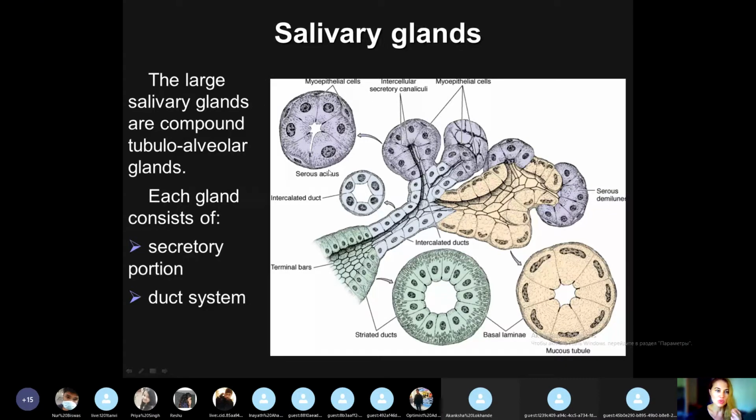So thus myoepithelial cells, we can say, stimulate release of the salivary components.